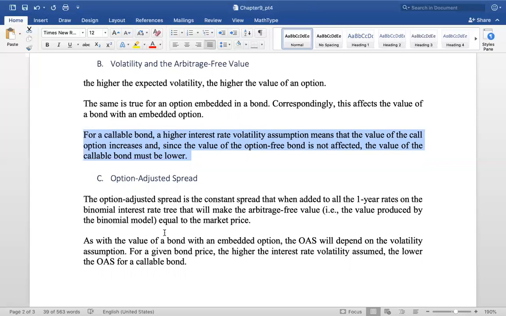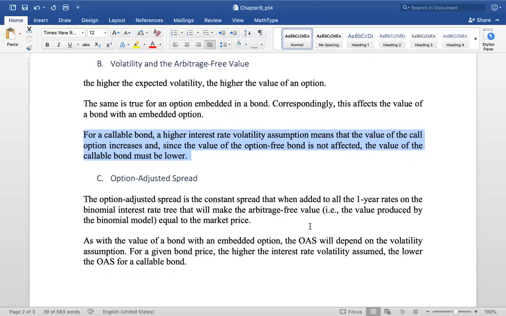So the option adjusted spread will be the constant spread that when added to the 1-year rates on the binomial interest rate tree we have just considered, will make the arbitrage free value equal to the market price. So what will be that spread if we add to our binomial tree, and we will get the value of 102.218 instead of 102.899.